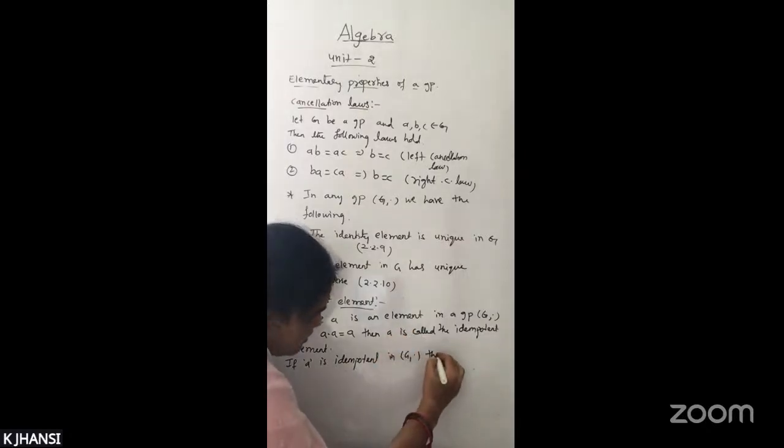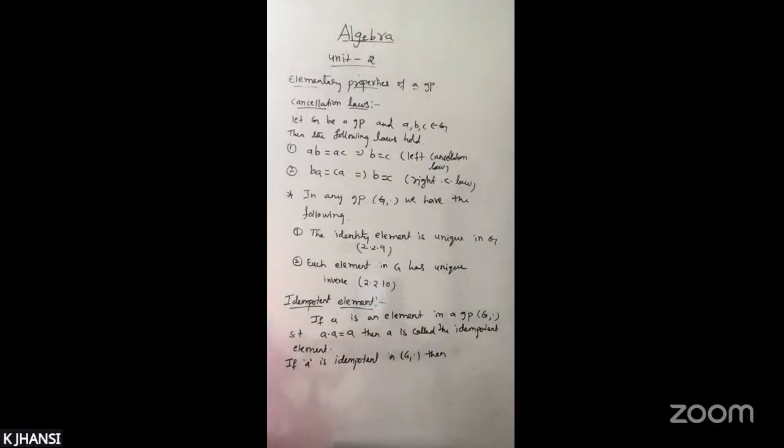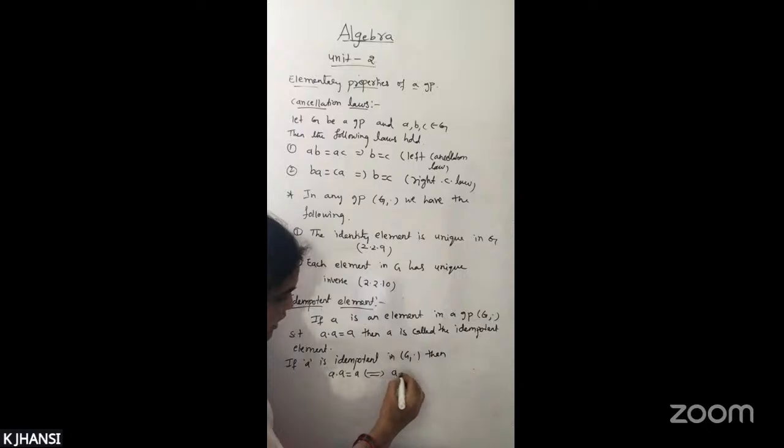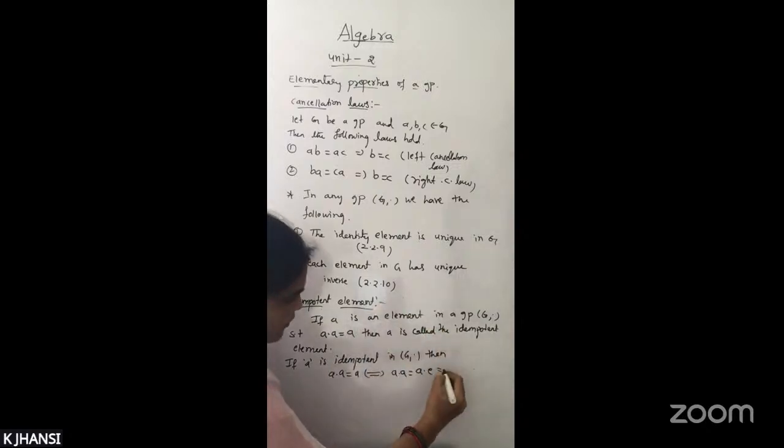Then, we'll write here, a dot a is equal to a if and only if a dot a is equal to a into e, if and only if a is equal to e.